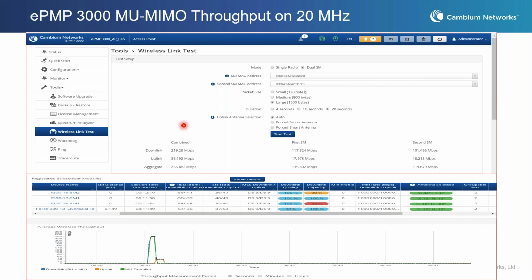Like I mentioned, the most likely cause of the doubling of throughput would be multi-user MIMO. So here, multi-user MIMO is in effect. You can see that we have two SMs communicating with the access point simultaneously, and those two SMs have generated a combined traffic of 200 Mbps. The green graph here shows that multi-user MIMO has been in effect on the download.